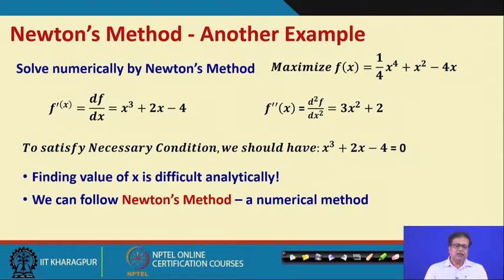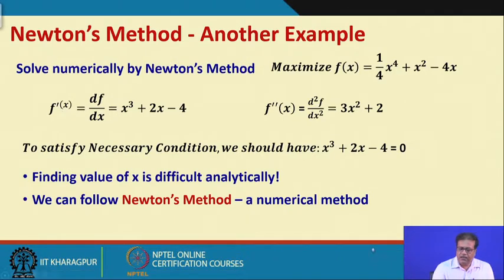So, supposing we have to solve numerically by Newton's method, maximize f x equal to 1 by 4 x to the power 4 plus x square minus 4 x. Again take the first derivative and the second derivative.